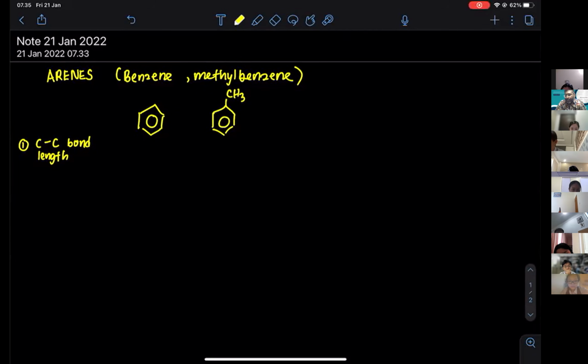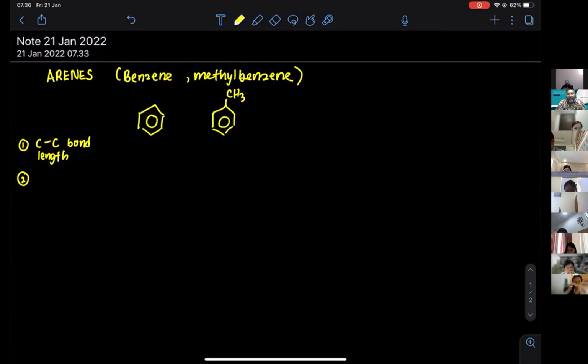If you follow the double bond drawing, you are going to have a distorted shape. But we know that benzene is planar and symmetrical, so we cannot actually use that method of drawing.